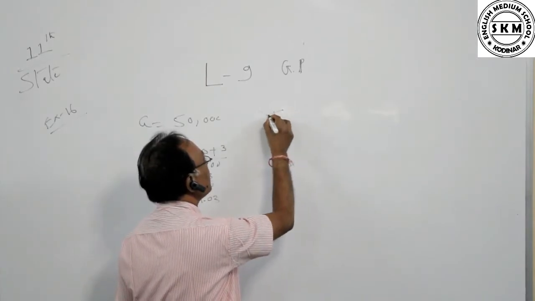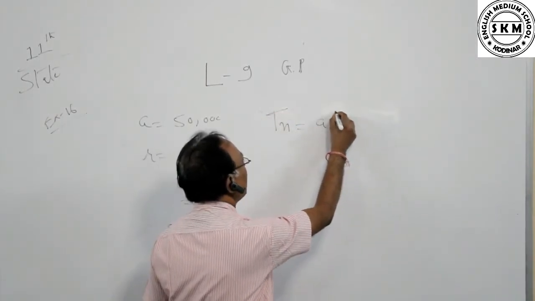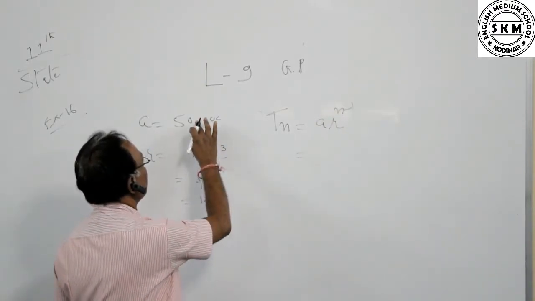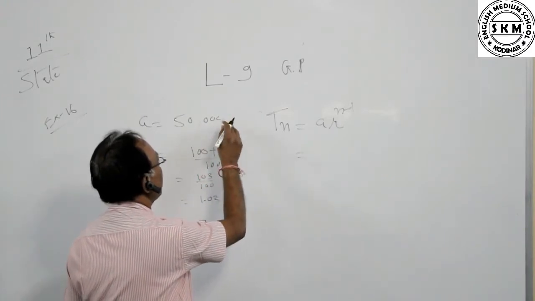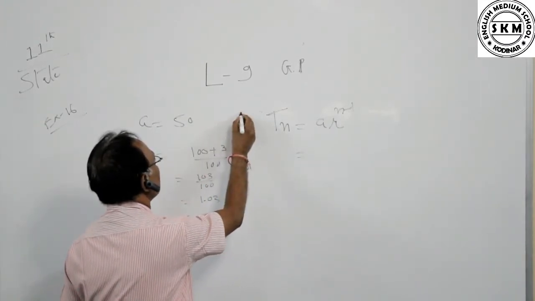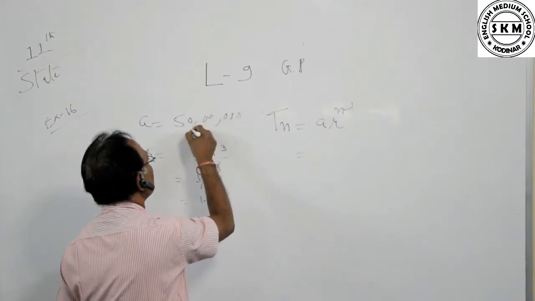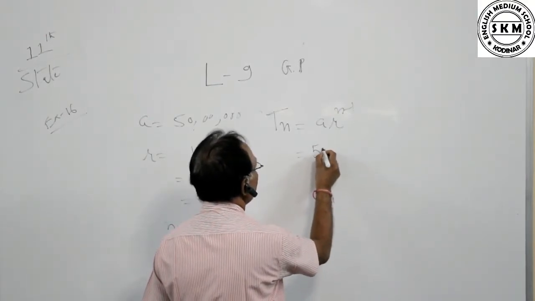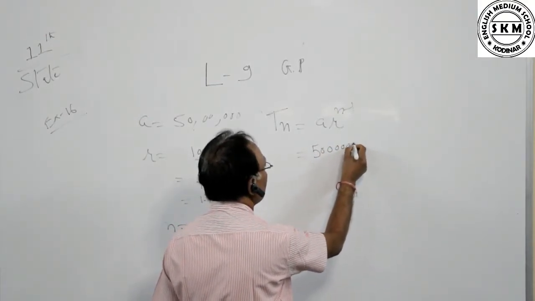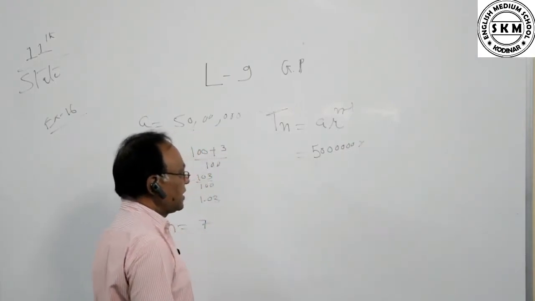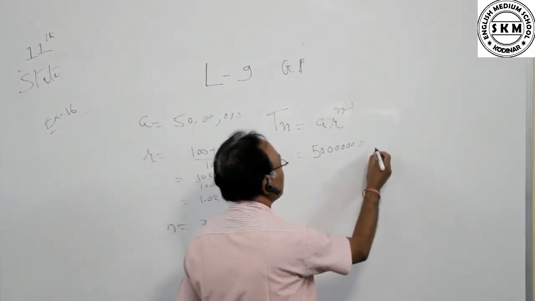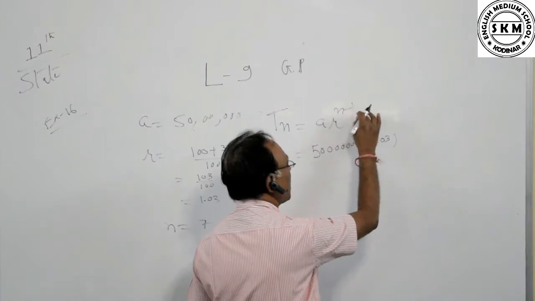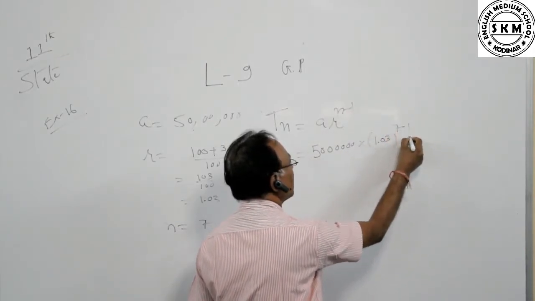Tn is equal to a r raised to n minus 1. a is given, 50 lakhs. r is given, 1.03 raised to n minus 1, so 7 minus 1.